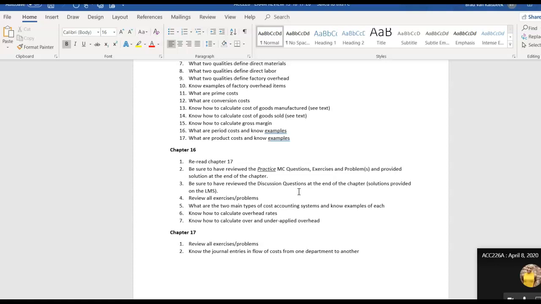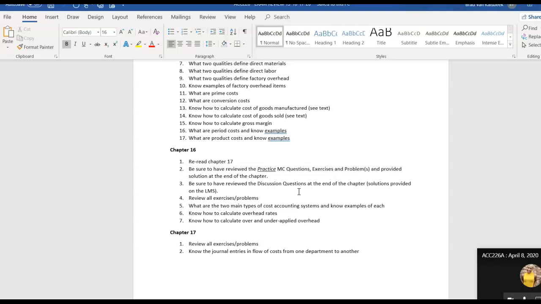Number 4, I'd be sure to look at that exercise. Here is an example of the entries to remove raw materials and put it to the job. And what's the big key here is you see the job numbers, and then there's also an indirect, and that indirect is overhead.